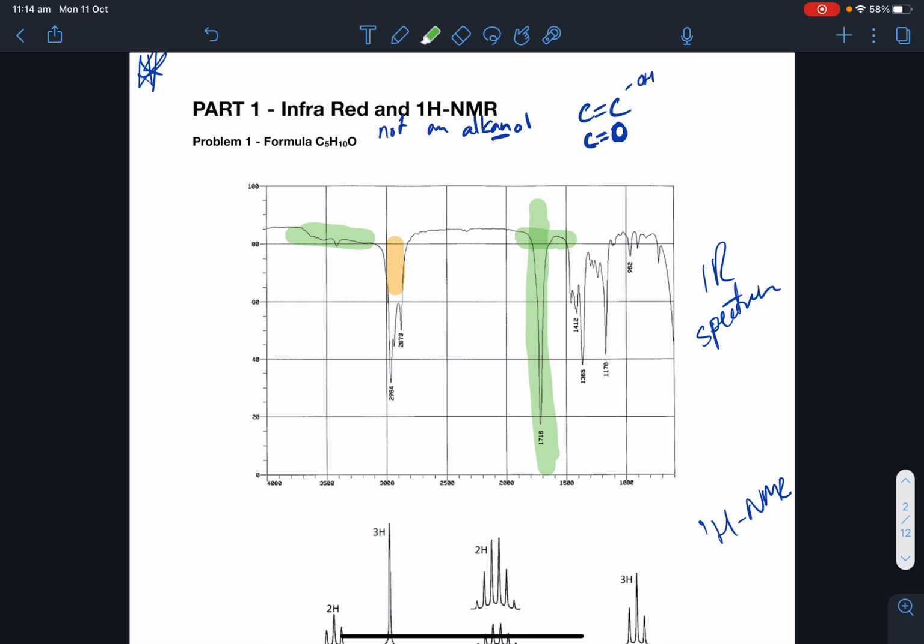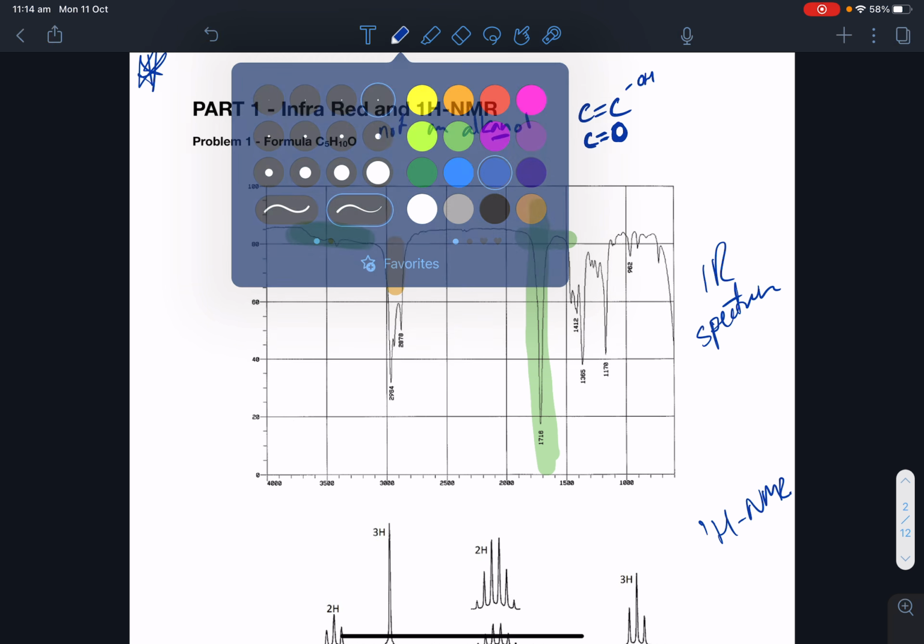Here it's saying you don't have an alcohol, because alcohols will produce those wide peaks. And the 1700 to 1750 range, a deep peak exactly as shown here, is saying, hello, you've got a carbonyl.